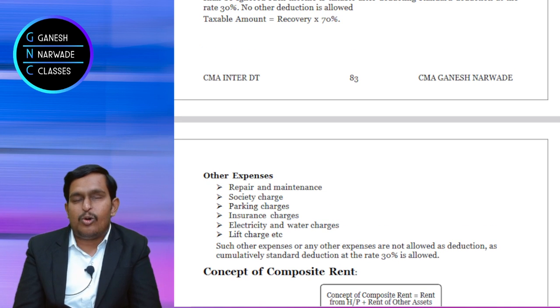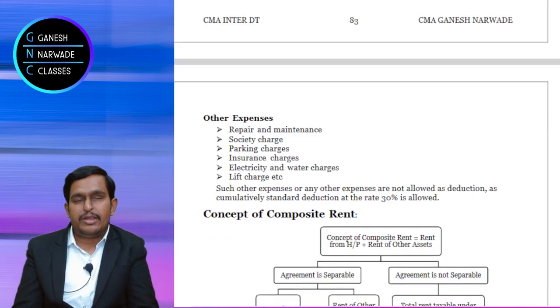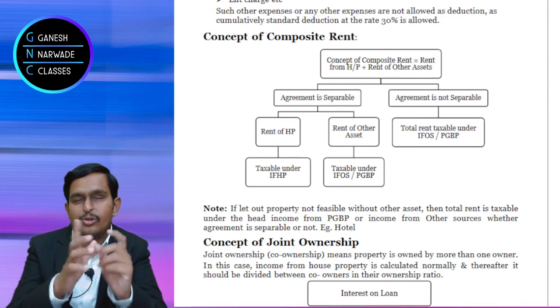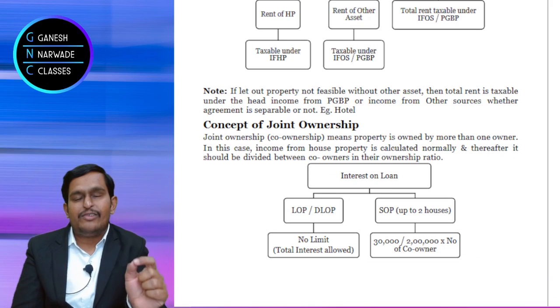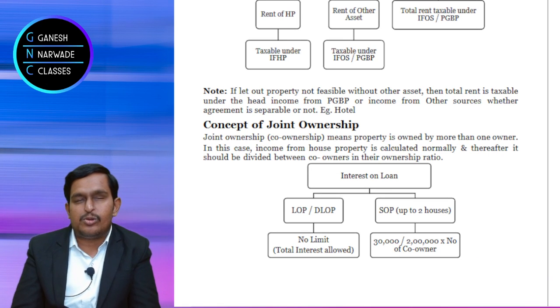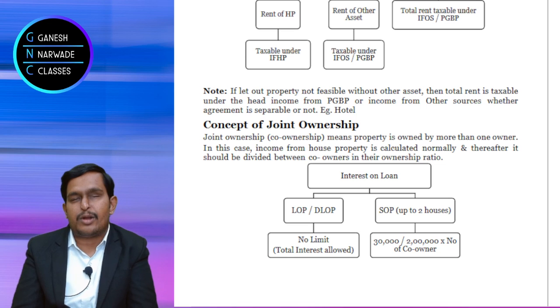Now, what is co-ownership? Co-ownership means 2 or 3 people are together the owners of the property. We call it co-ownership. Suppose a father transferred the property to children jointly, then the children become co-owners, or sometimes a few friends together purchase the property, they become the co-owners. Then the question arises, what to do? Simple.